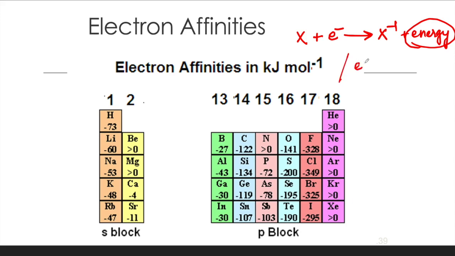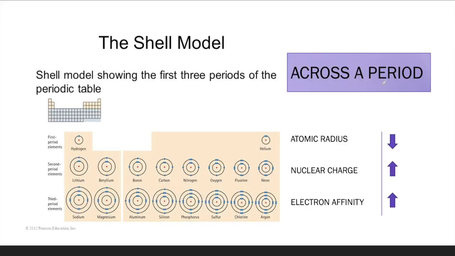So when we go across a period from left to right, there is an increase in nuclear charge, very clear increase in nuclear charge. The size of the atom decreases as you go from left to right, correct?